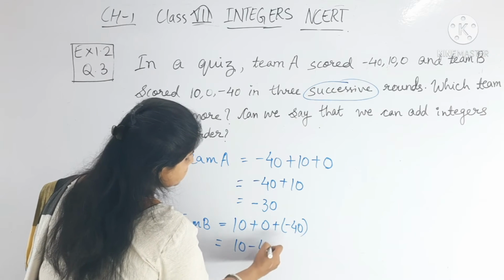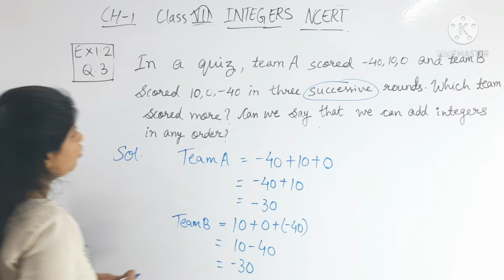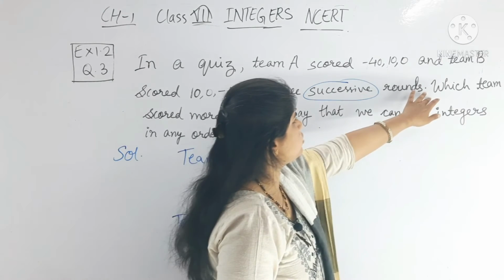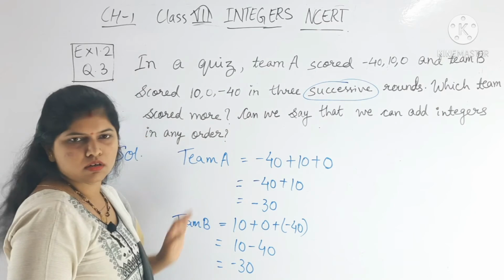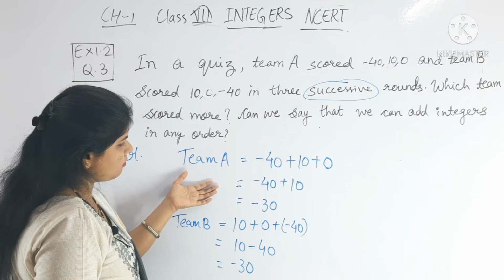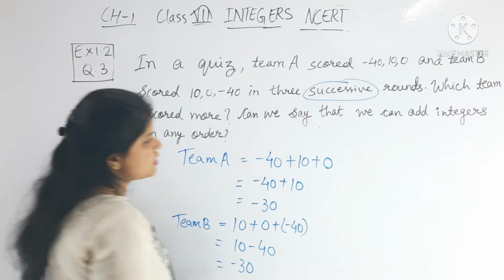So 10 minus 40 is -30 again. Here the question is, which team scored more? So here we can see that team A is -30 and team B is also -30.